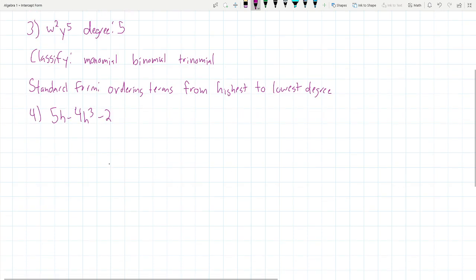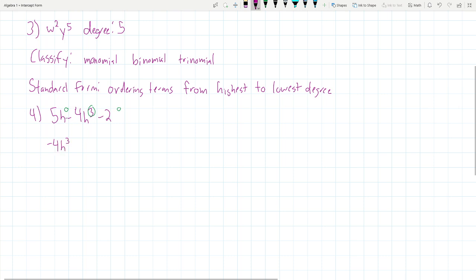Now in ordering these, we first need to get these in standard form. To get this in standard form, we need to look at the different exponents. There's actually one here, but we don't really talk about that ever. So I say, hey, this negative 4h to the third, that's the highest degree, so that needs to go to the front.